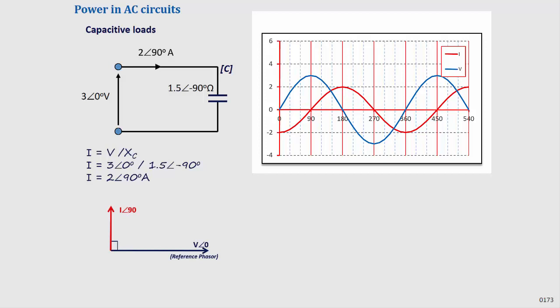So between 0 degrees and 90 degrees, the voltage is positive, but the current is negative, so the resultant power consumed is negative with a peak value at 45 degrees. And between 90 degrees and 180 degrees, both the current and the voltage are positive, so the resultant power consumed is positive and has a peak value at 135 degrees.